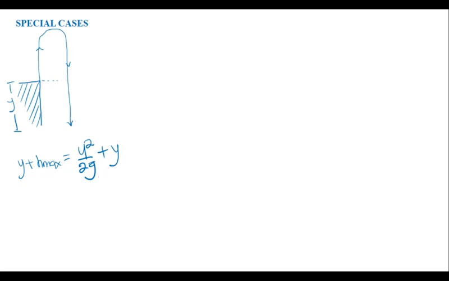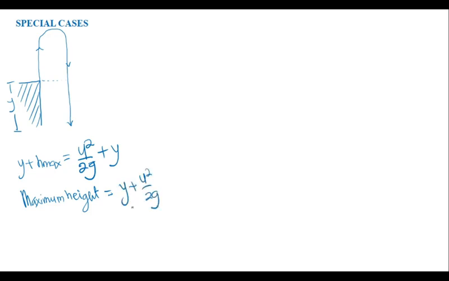That is, if you're on a cliff, you just add the height of the cliff to the maximum height that you calculate for the projection. So it's still y plus U squared over 2g.